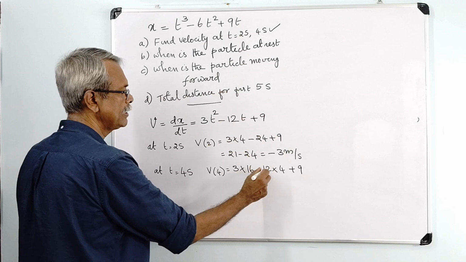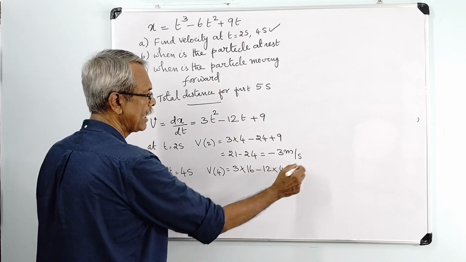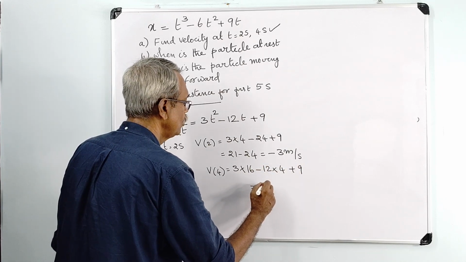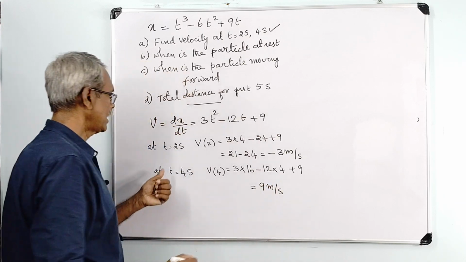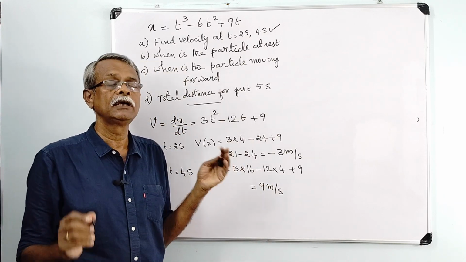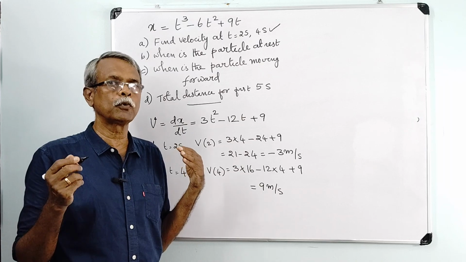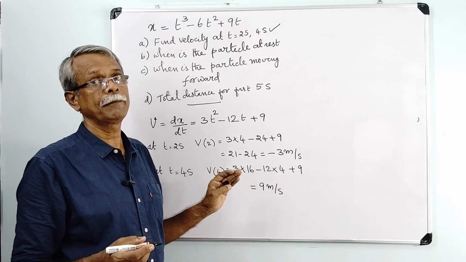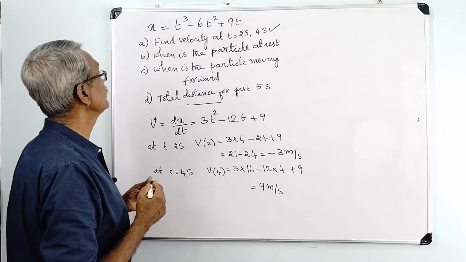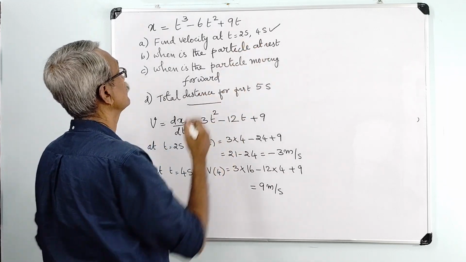This is 48, this is 48, they will cancel, and this is equal to 9 meter per second. So at t = 4 seconds, the particle velocity is positive, therefore it moves in the forward direction. So that is the first part.